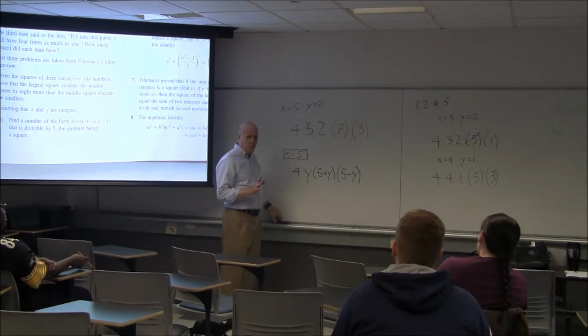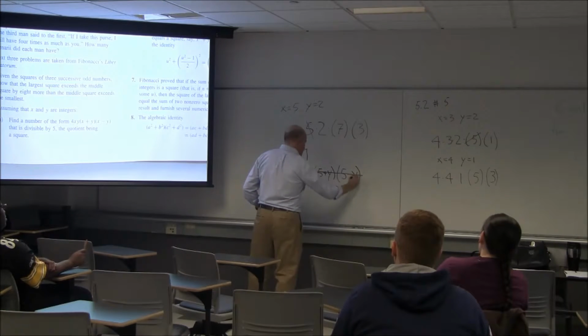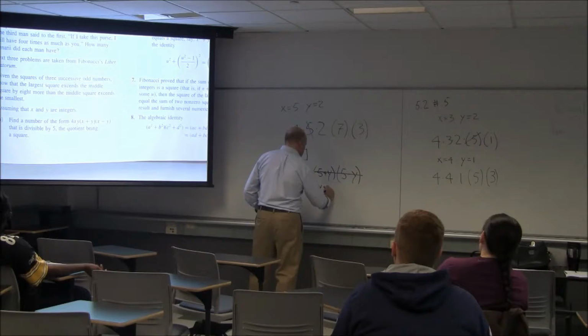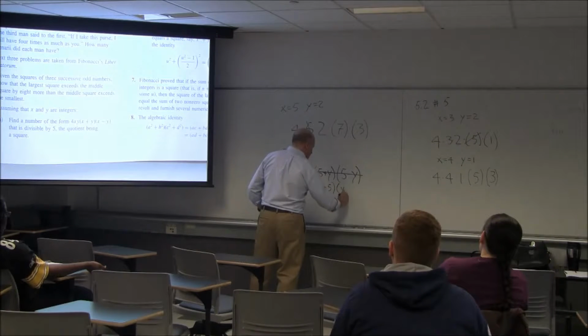You know what I just realized? The way I like to work with polynomials, I've probably written these the wrong way. Let's assume y is the bigger number, so that I can write this as y plus 5 times y minus 5.